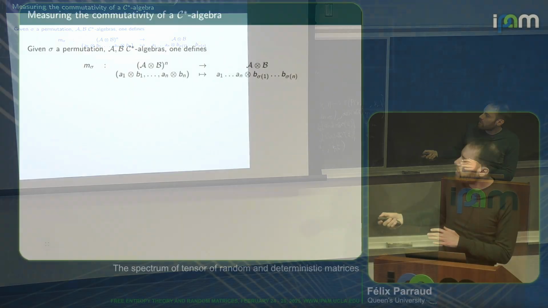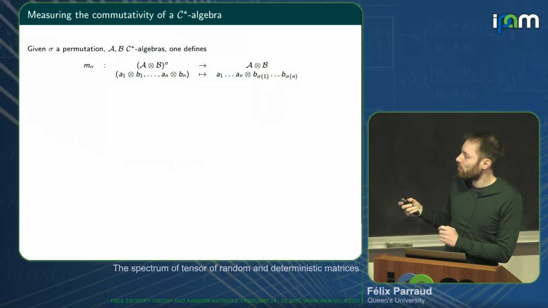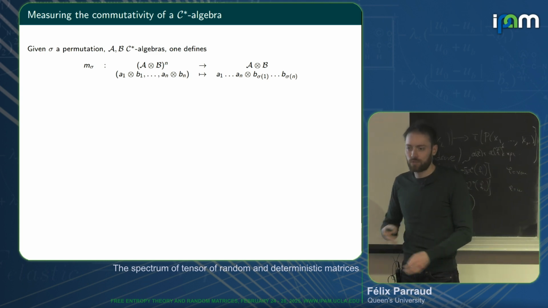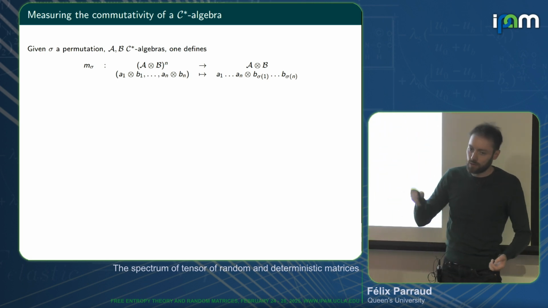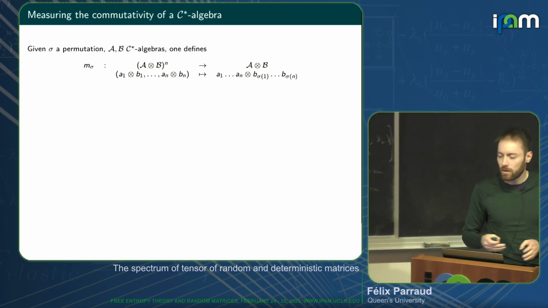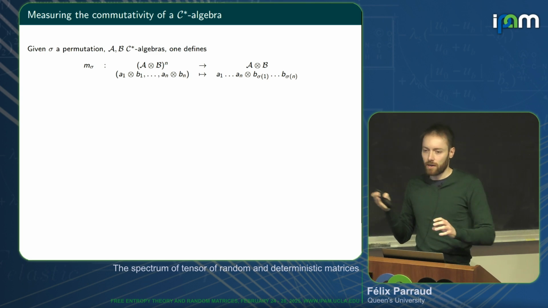So this time we're going to take the map M and take a slightly more general definition, where instead of just multiplying two elements, we're going to take n of them. On the left side of the tensor, we're just multiplying in regular order, A1, A2, and so on. And on the right-hand side, on the contrary, we're permuting all of those Bi's.